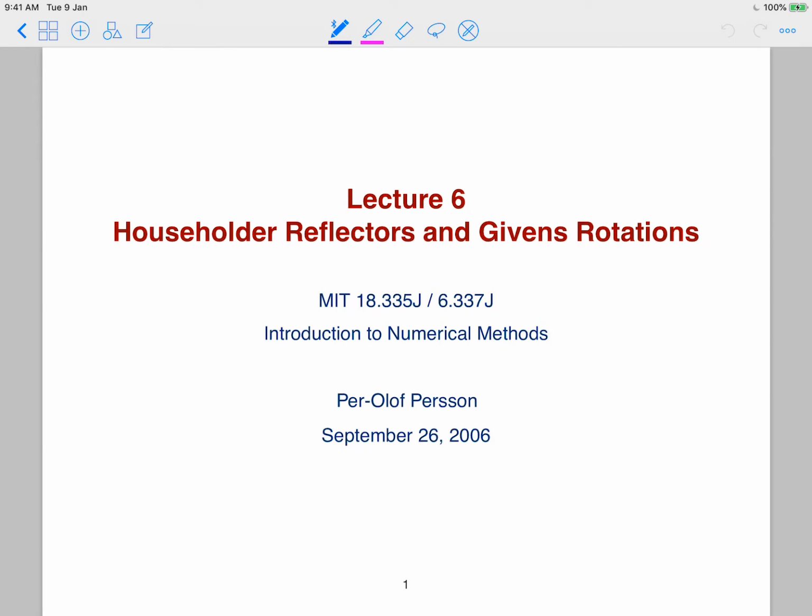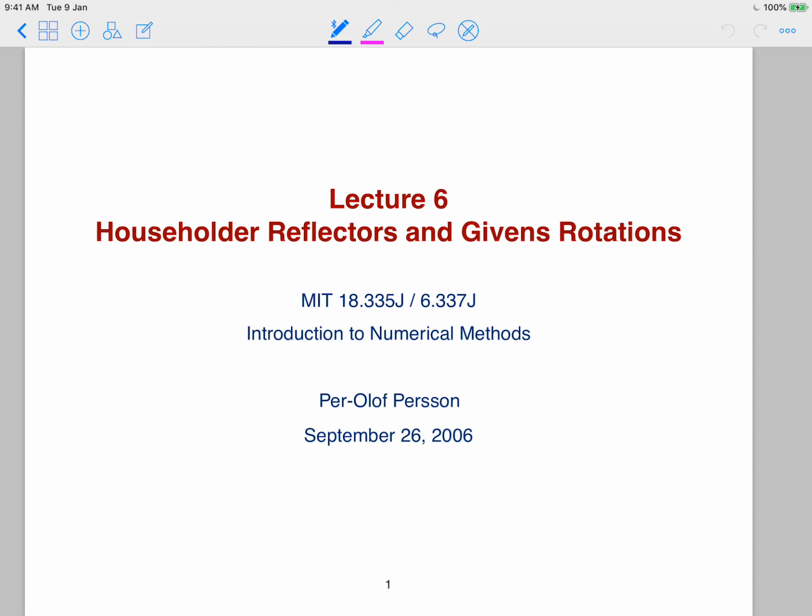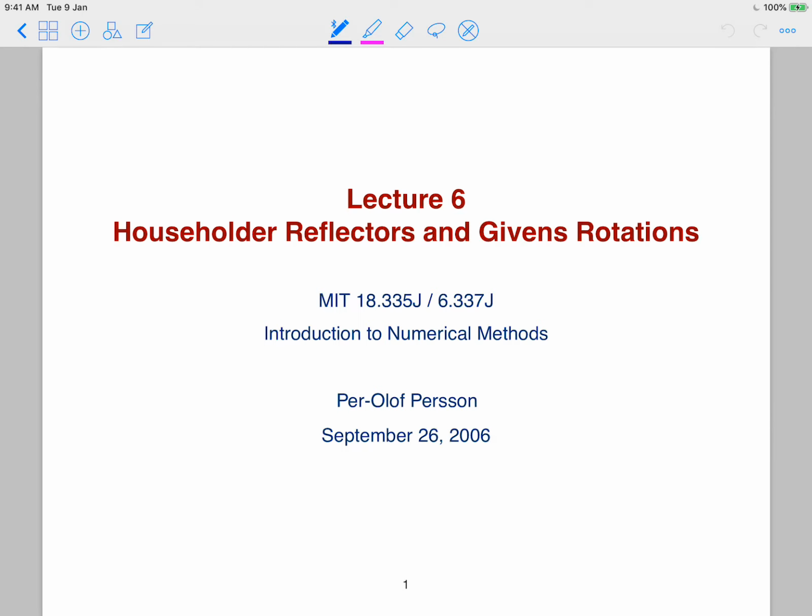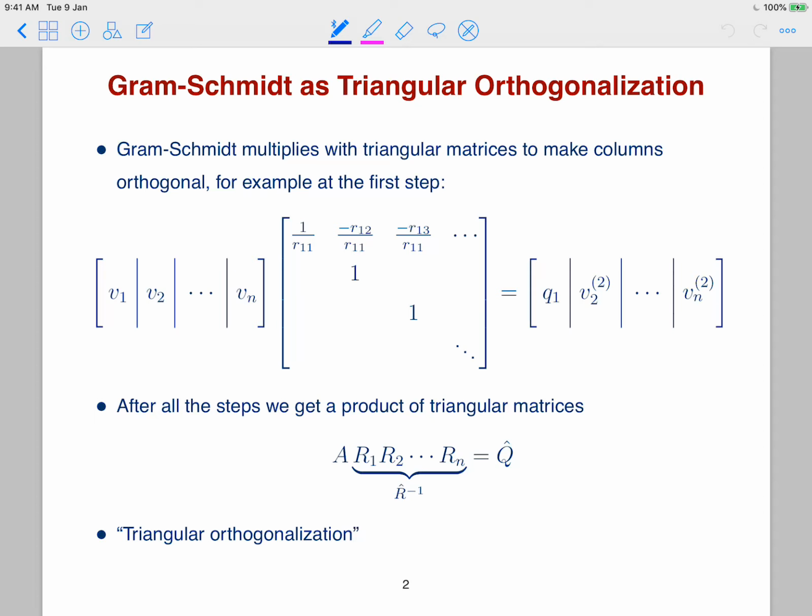So the next chapter is about different ways of computing the Gram-Schmidt. The first one that we will study is called the Householder reflector, and the second one is the Givens rotation. In the case of the Gram-Schmidt process, you can view it as a sequence of projections onto the orthonormal basis that we obtain one by one, right?